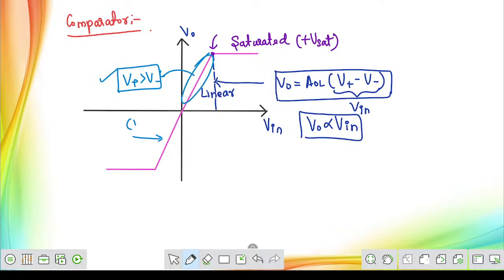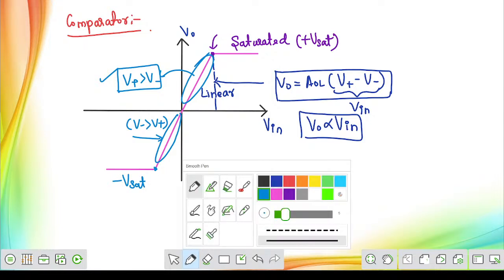If V minus is greater than V plus, you will get negative voltage, in the third quadrant. Even in the negative zone there will be a saturation point; it will not go beyond that. That is the maximum negative saturation voltage.